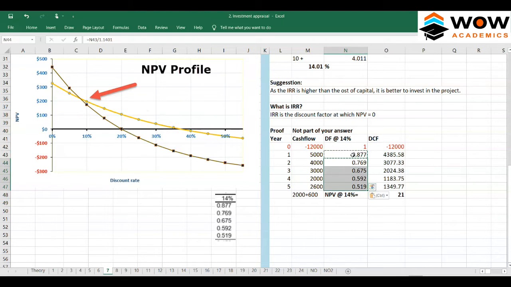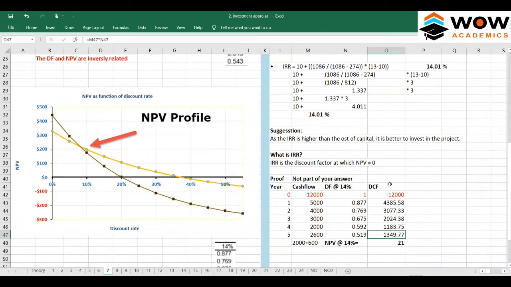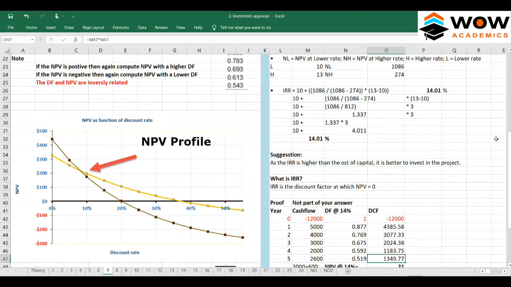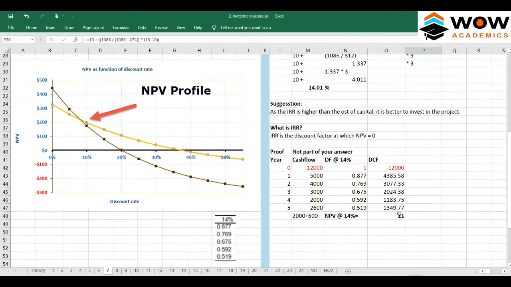Still it's not going to 0. I think you have to take more decimal places, or the exact answer was some other number. We don't need to think about that a lot, but look here, it is moving towards 0.